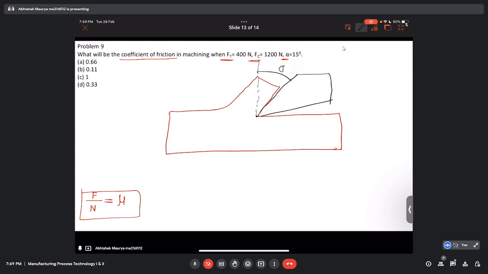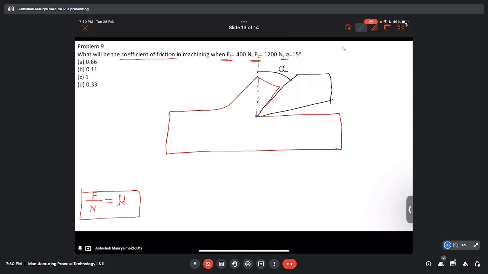This is nothing, again it's alpha. I will draw some different colors. So again we will draw the forces which the chip is experiencing.